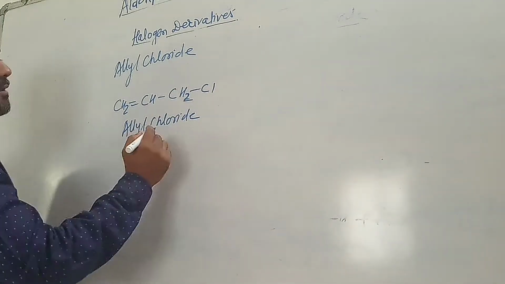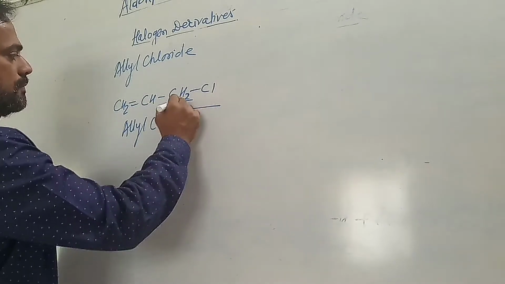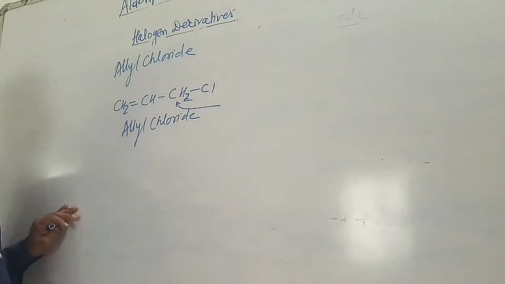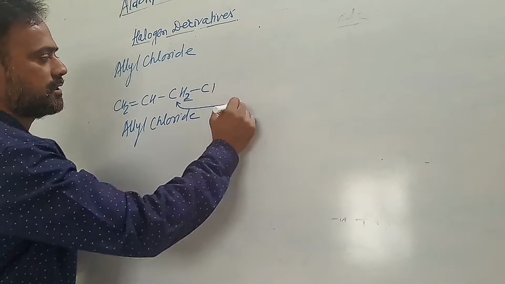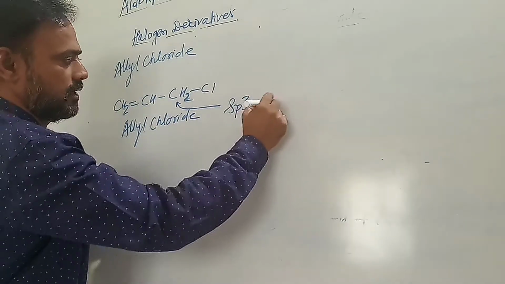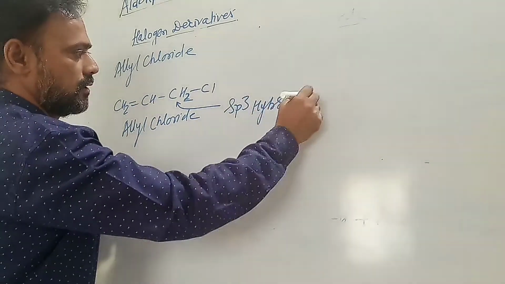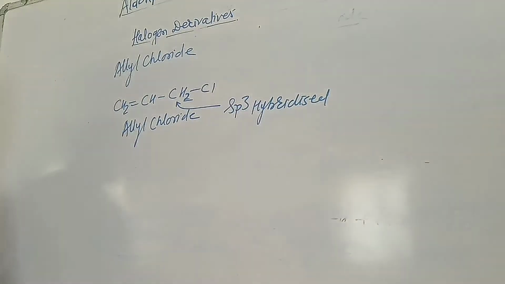The carbon to which the chlorine atom is attached is sp3 hybridized.